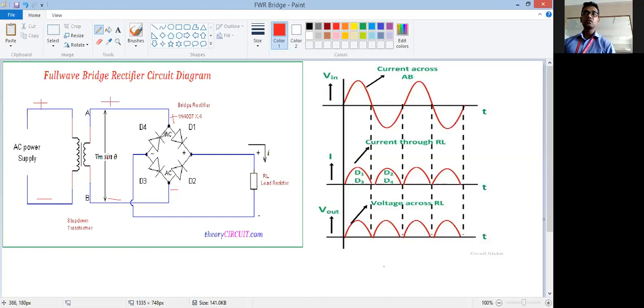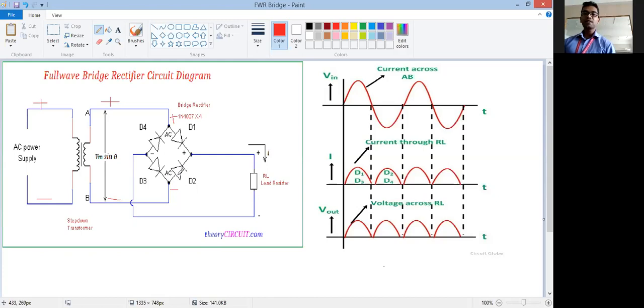Why is this so? Because the positive terminal of the battery is connected to the P type material of D1 and the positive terminal of the battery is connected to the N type material of D4. So obviously D1 is forward, D4 is reverse. Similarly, what about D2 and D3? See, this negative terminal is connected to P type material, means this is P2N.